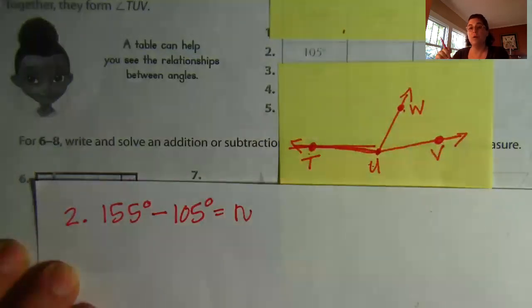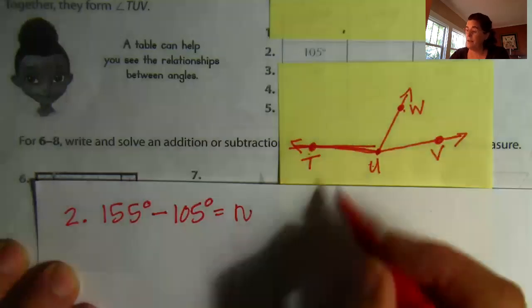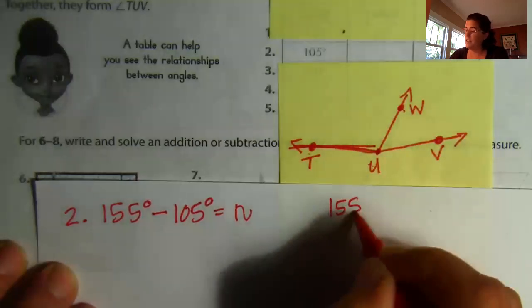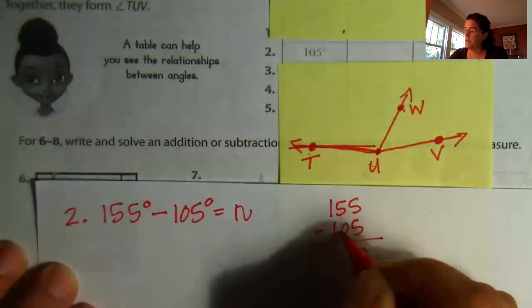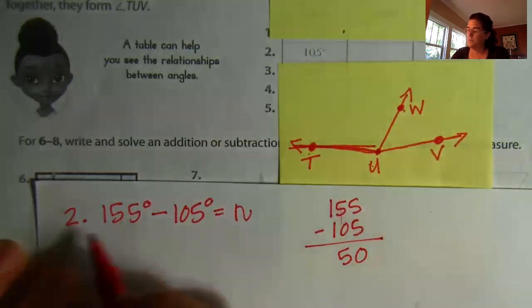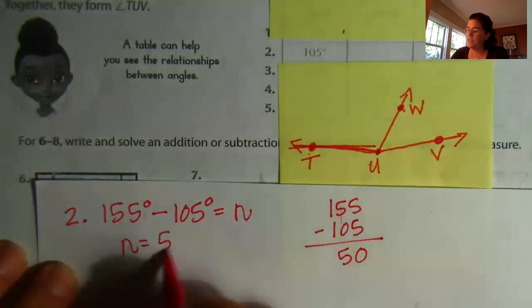Because remember, we're given one part and the total, so it's subtraction. Again, I'm going to go over here to the side, and I'm going to subtract. N equals 50 degrees.